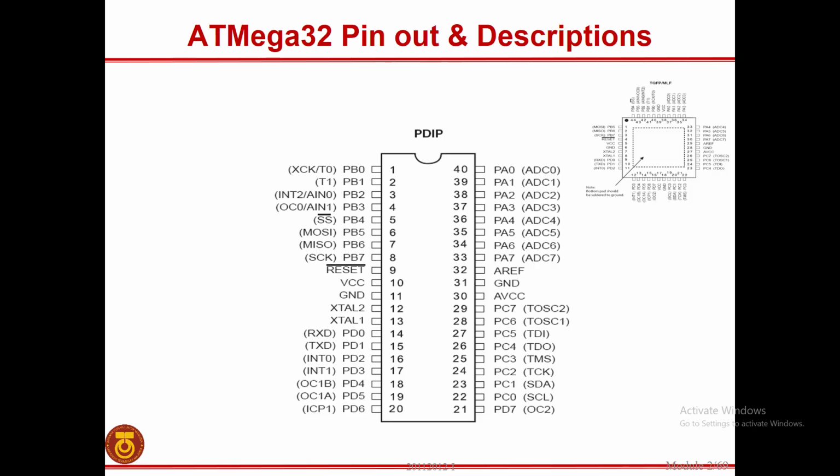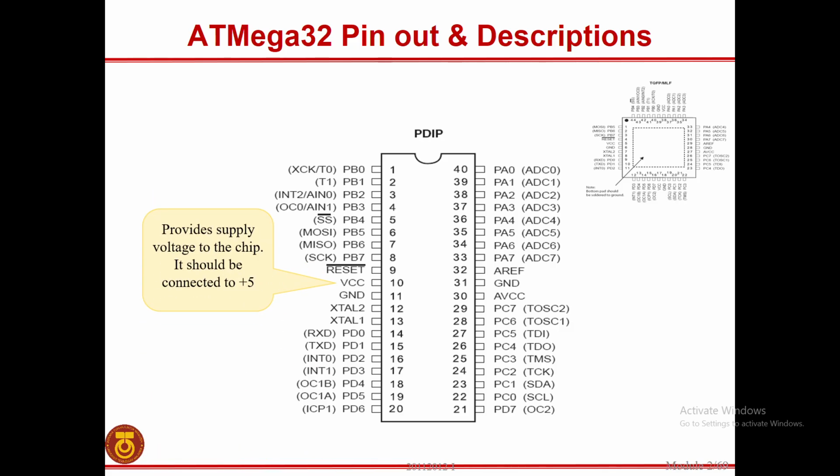When we see the ATmega32 pins and their descriptions, mostly the hardware of the microcontroller units has this kind of architecture. As you can see on the device, we have a reset pin which clears the information on the microcontroller and restarts the device for execution of the programs written on it.